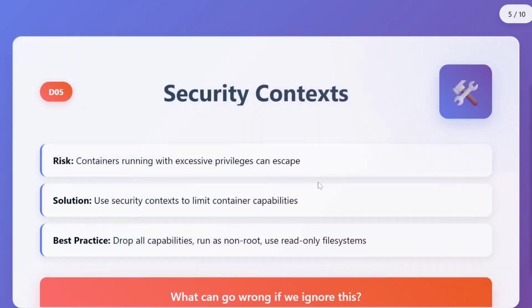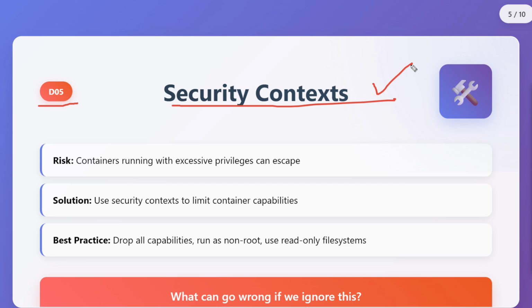And moving to the next Docker Top 10, which is D05, security contexts. Basically, in the security context we are talking about controlling a container's privileges by using security contexts.